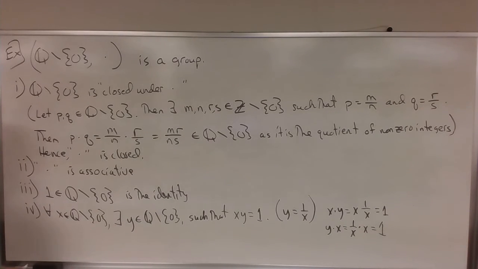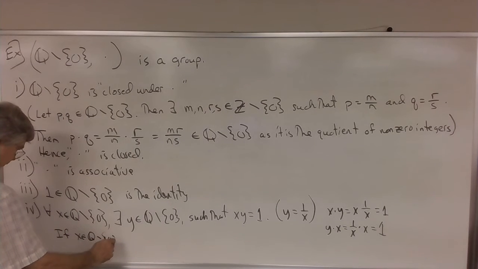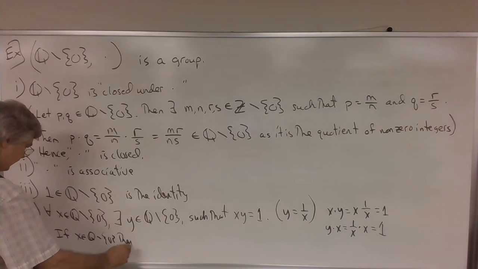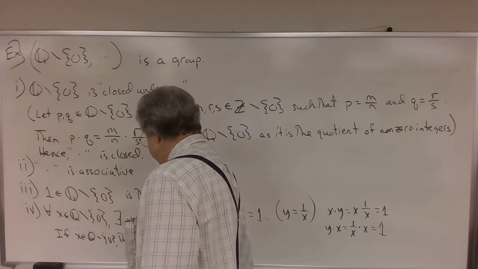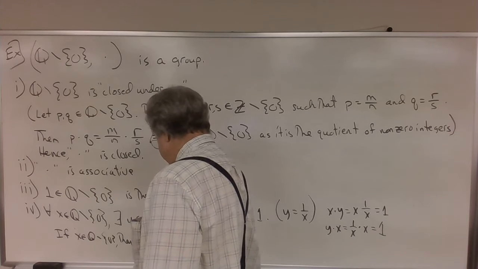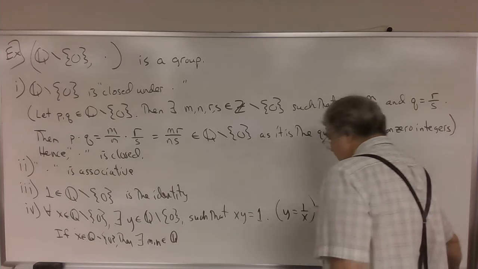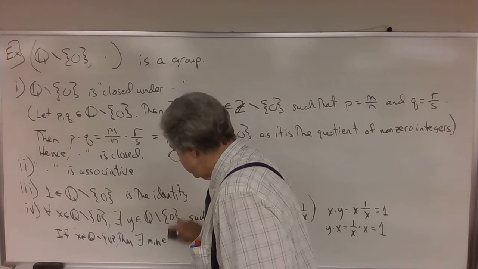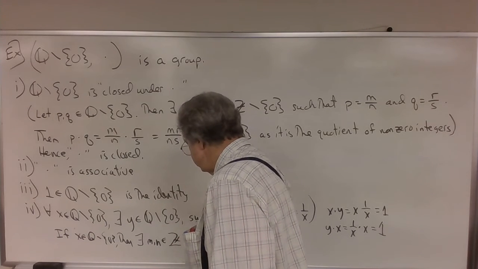But if x is a non-zero rational number, then we have non-zero integers m and n. So that's the integers minus the element 0.